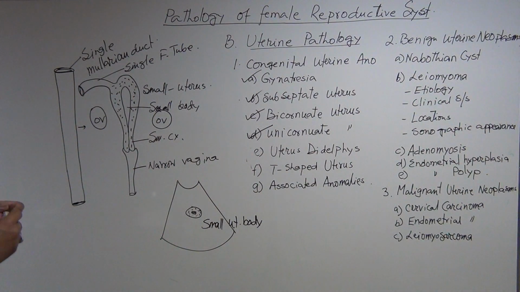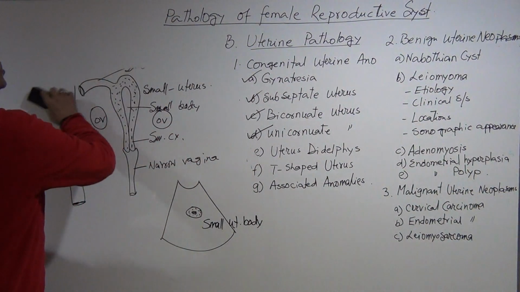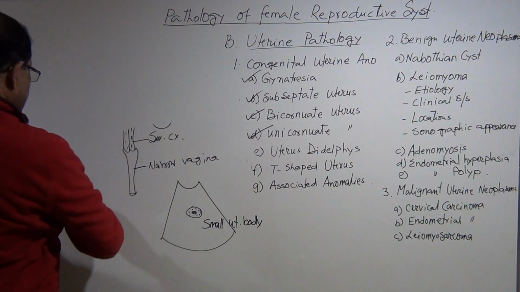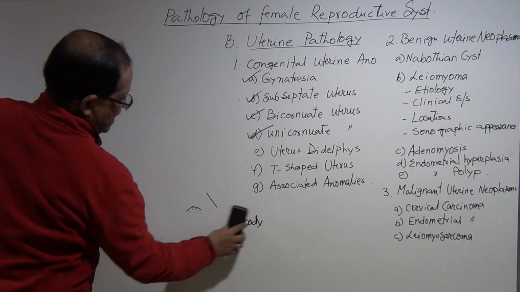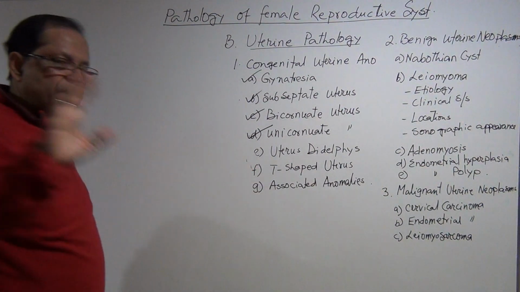Now, uterine didelphys, this is very interesting. Why is it interesting? Because both the Mullerian ducts, or paramesonephric ducts, said to each other that no, we're not going to fuse.